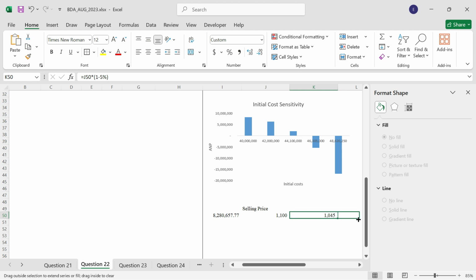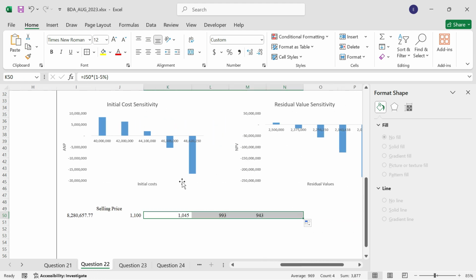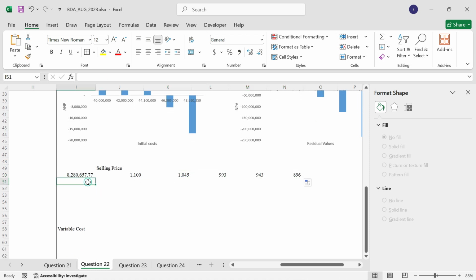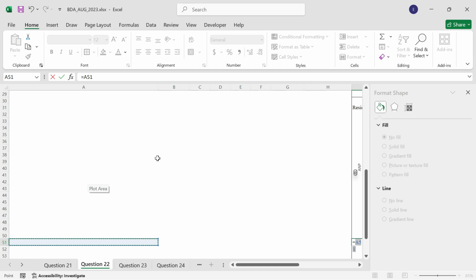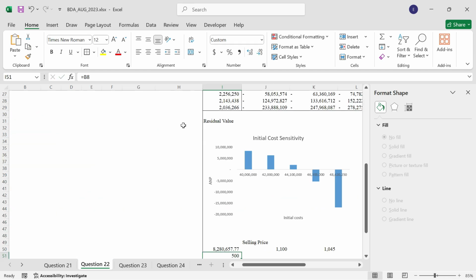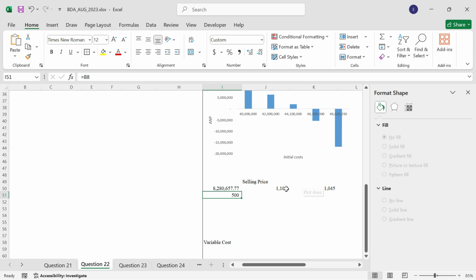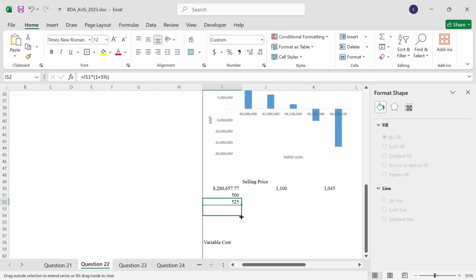Copy this across. Then we will have my variable cost, which to make adverse will be to increase, 1 plus 5%, which you can copy downwards.